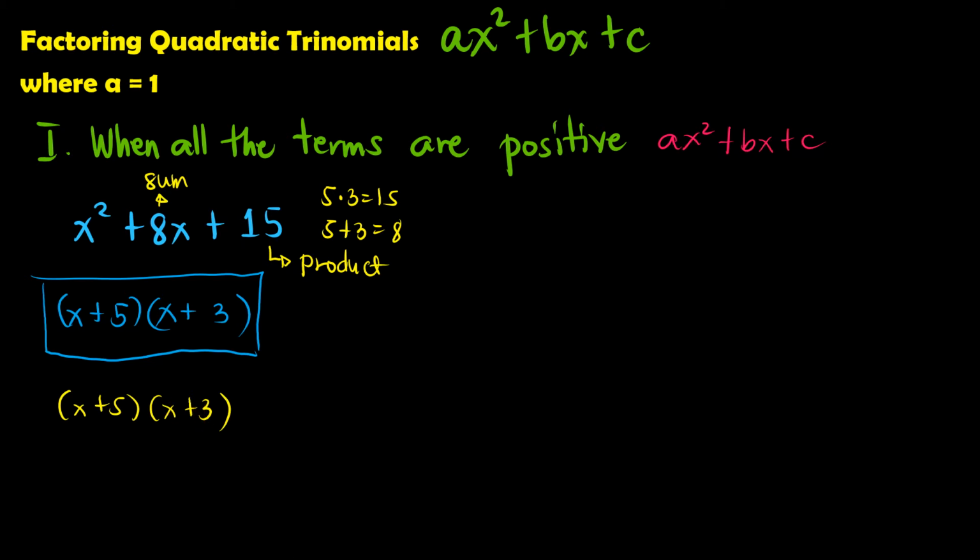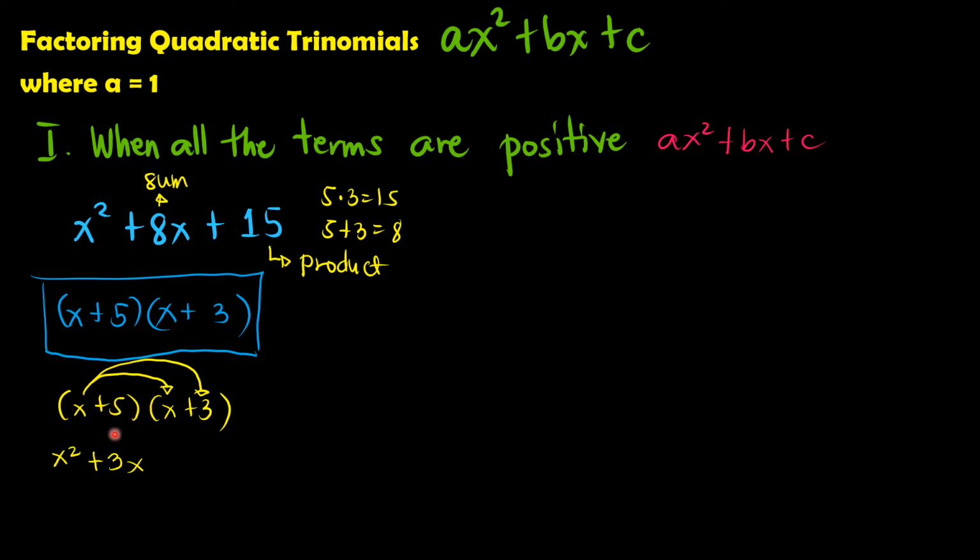So, if we're going to check, ito munang si x, multiply natin dito sa isa pang x. So, we will have x squared. Si x ulit, multiply sa kabila, and that will become x times positive 3 is positive 3x.